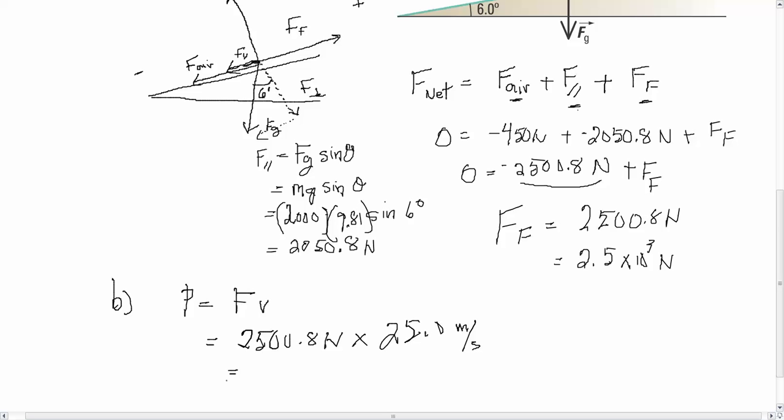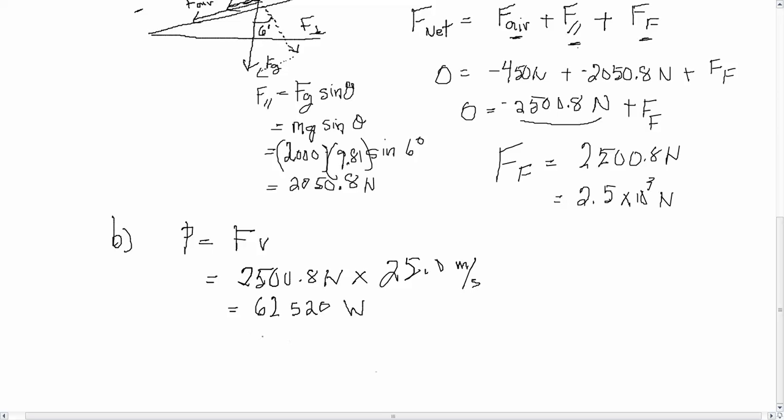We calculate that out, and we come up with 62,520 watts. We can write this in scientific notation to two significant digits, 6.3 times 10 to the 4 watts, or our other option is to go to kilowatts, and that would be 63 kilowatts.